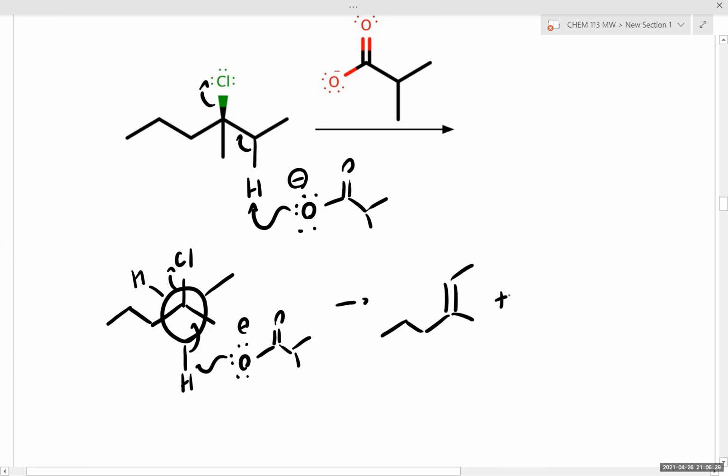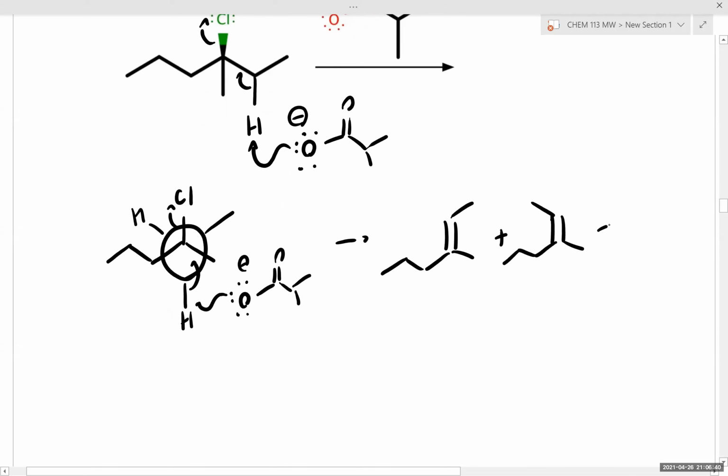You also clearly have the potential, because we have 2 protons, to get the other alkene geometry. And you can also get the other regioisomer, where you pull off this other proton.